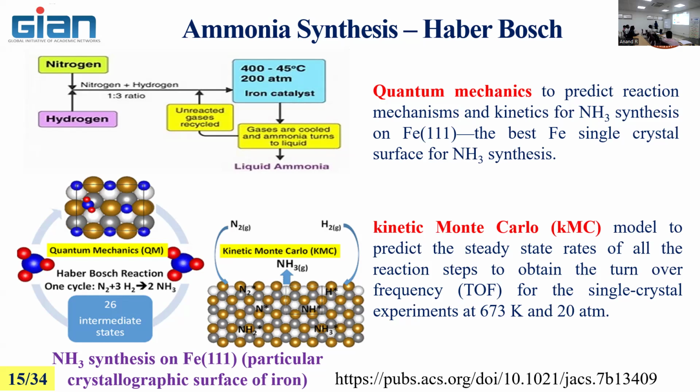This is the first reaction; assume the final reaction is the 26th, so in between you have 25 reactions. We are not going to bother about the intermediate reactions. Ultimately, we need only the product in the form of ammonia, but it is not formed immediately from nitrogen. Quantum mechanics is used to predict the reaction mechanism and kinetics of ammonia synthesis.